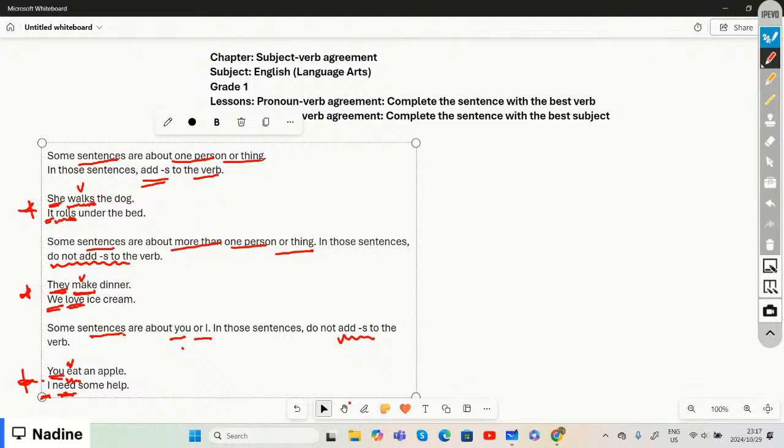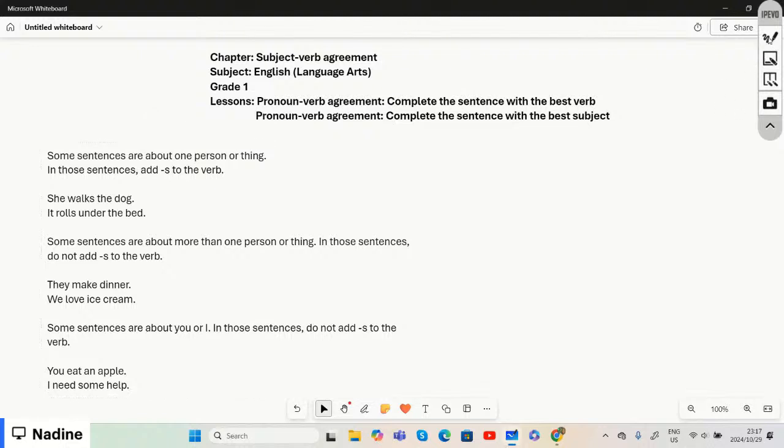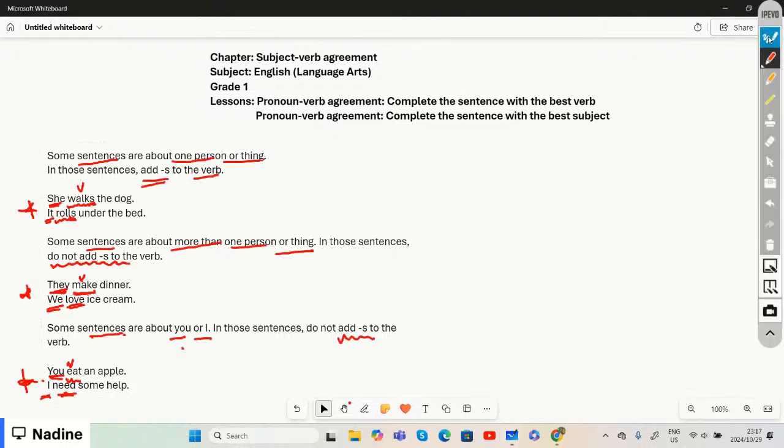So once again, when it comes to subject verb agreement, remember we said that if our sentence is about one person doing something, then we need to add an s to our verb.